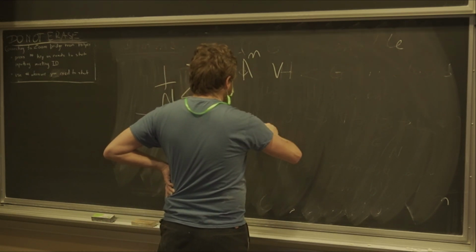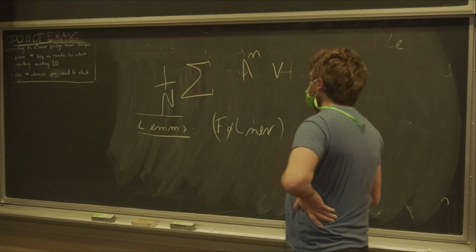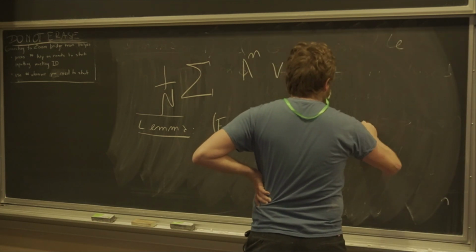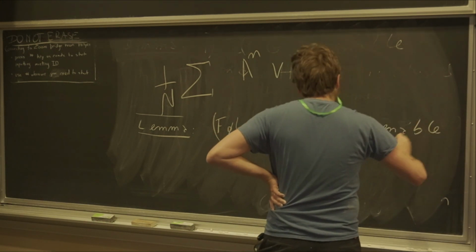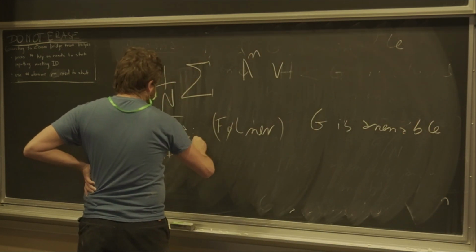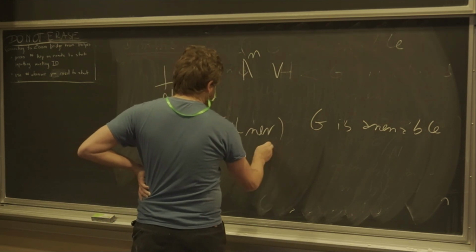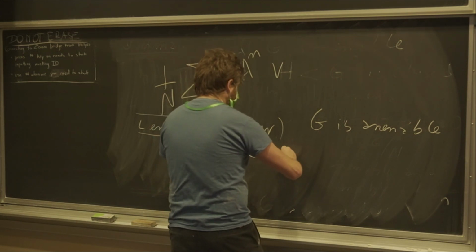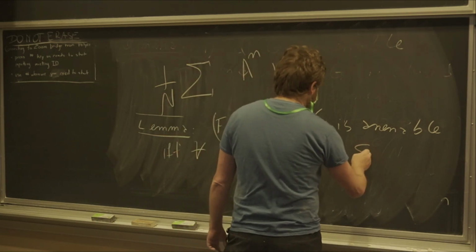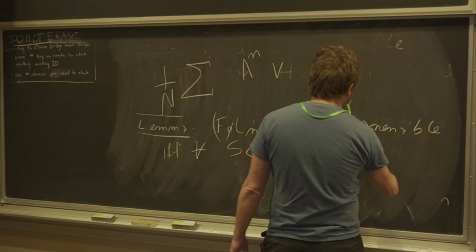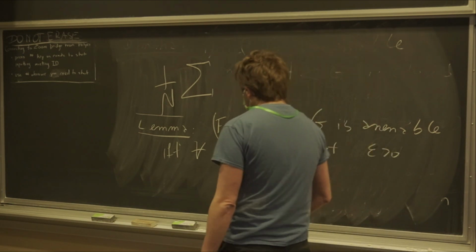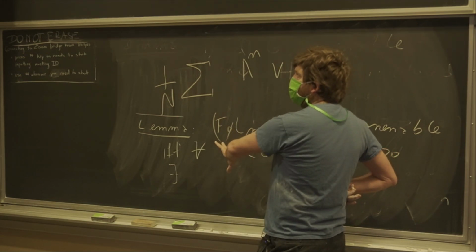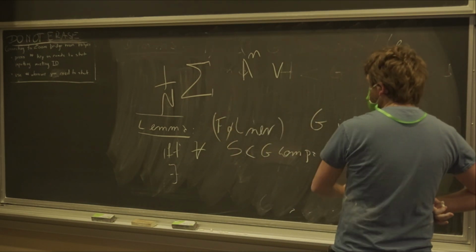Okay, I think that's how you write Følner, which is the fact that G is amenable if and only if for every S in G compact and epsilon positive. Again, as before, you could take S a compact generating set and forget about the S. What is important here is the epsilon.